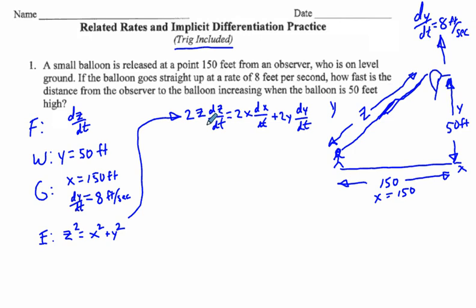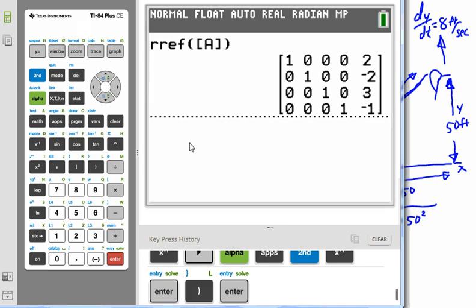Now, we don't have what z is yet. To find z, we're going to use the Pythagorean theorem. So z is going to be equal to the square root of 150 squared plus 50 squared.